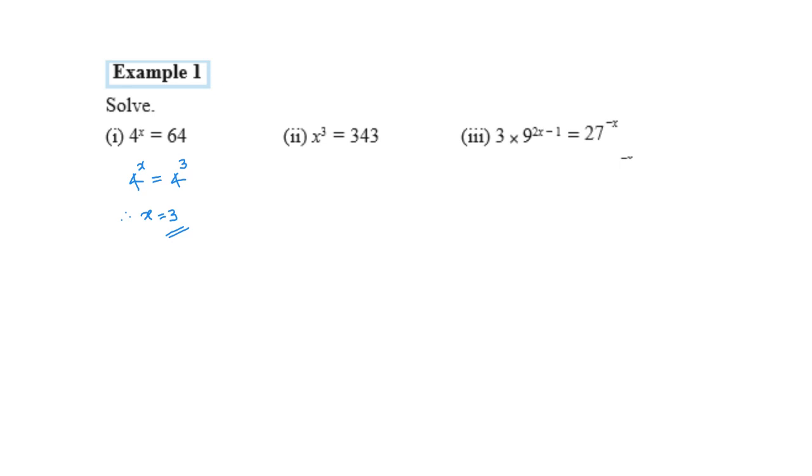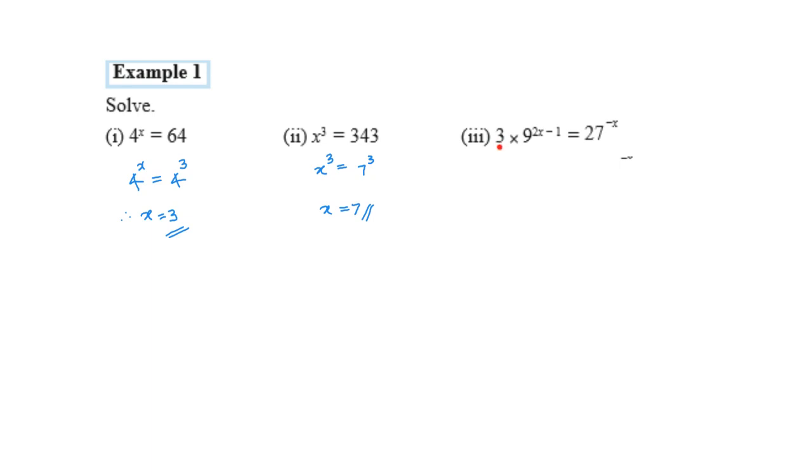Next, here you have x cubed equal 343. We can write 7 cubed. So here indices equal, base equal, x equal 7 is your answer.